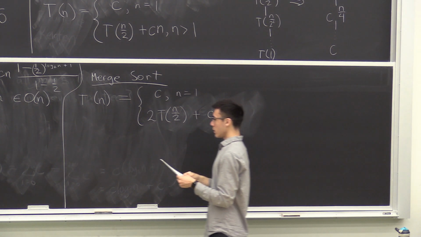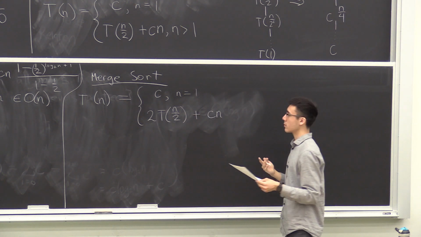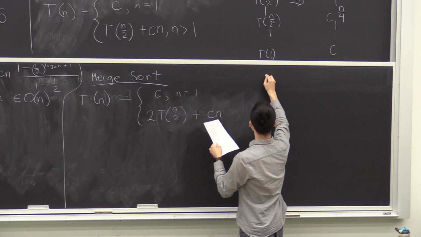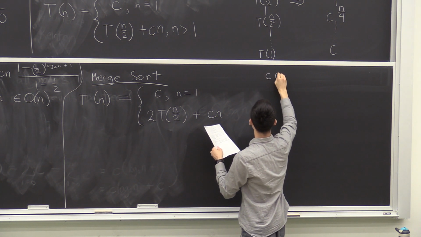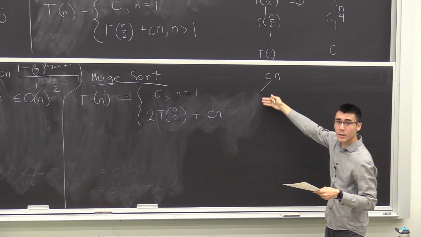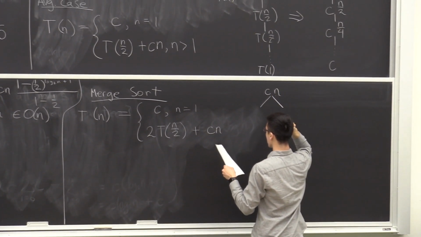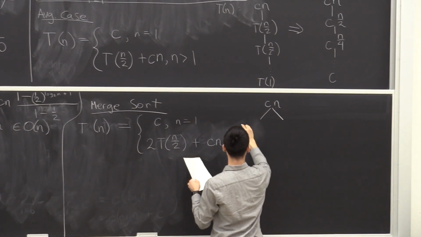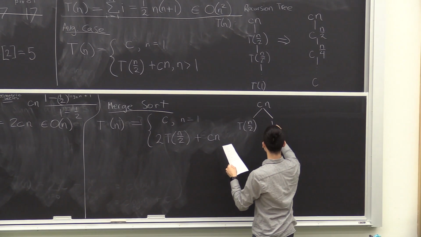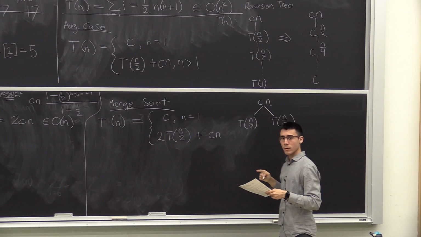Okay? Now, if we were to draw the recursion tree for this, it's going to look a little bit more interesting. So at the top, we might have Cn. But now, instead of just having one child in the tree, we're going to have multiple. So we're going to have T of n over 2. This is going to be T of n over 2 as well, because we have 2 of them now.